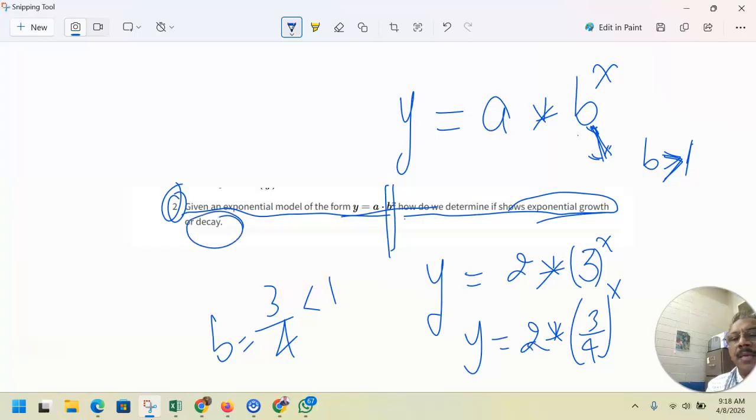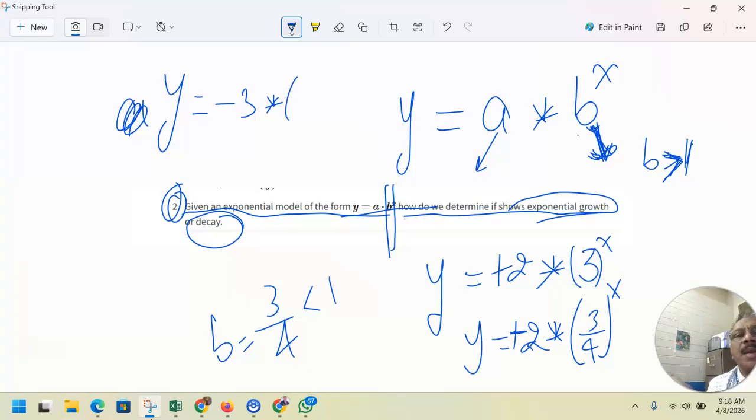So hope that helps. And at the same time, you also have to make sure that a is positive. So this has to be positive, and then you can decide b greater than 1 and all that. But if a is negative, let's see, if I put -3, then for the growth, this b has to be a fraction, like maybe 1/5. So that will also be growth, even though this looks like a fraction, because there is a minus here.